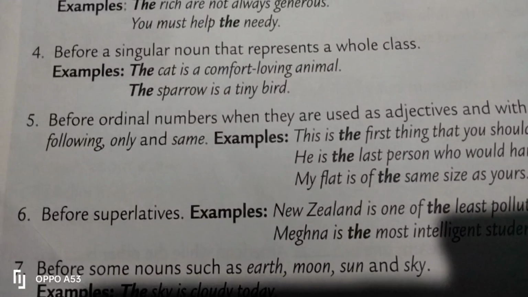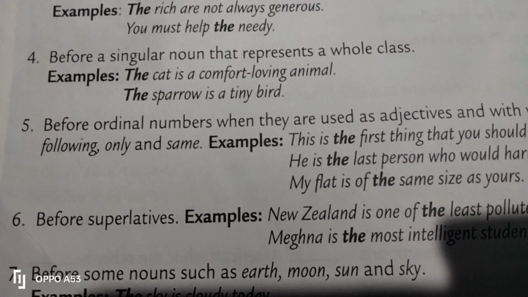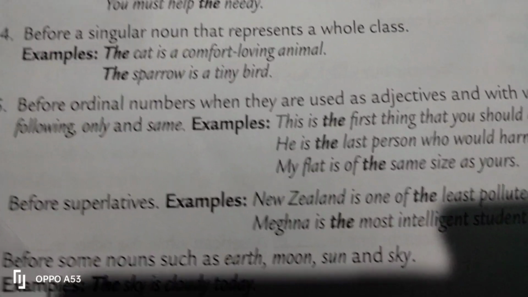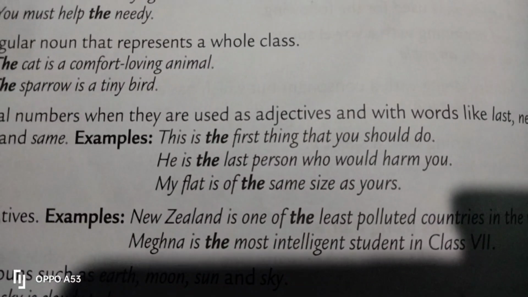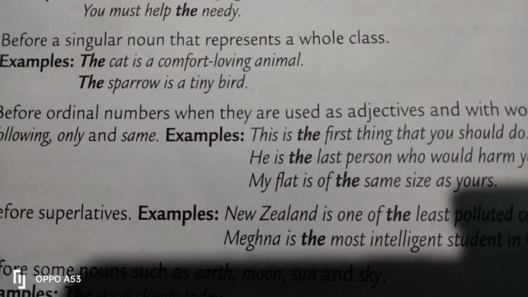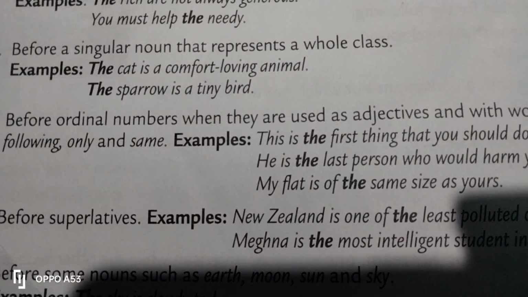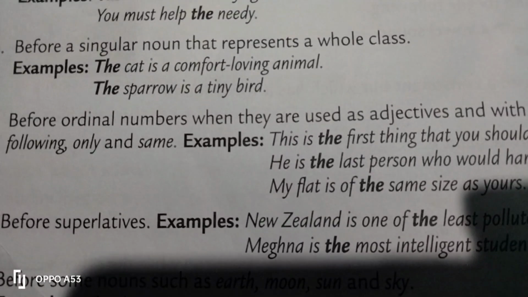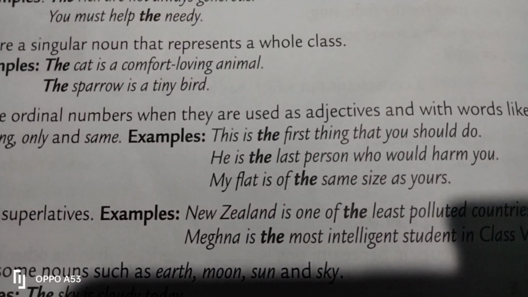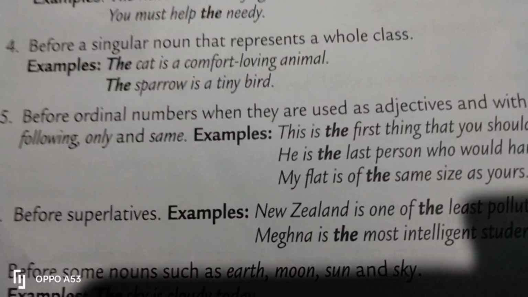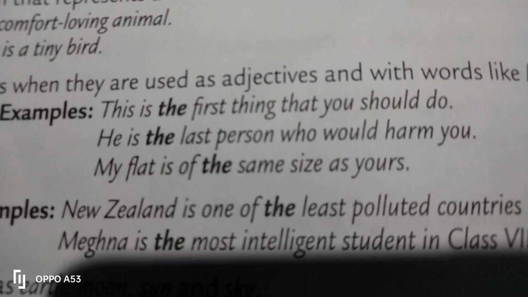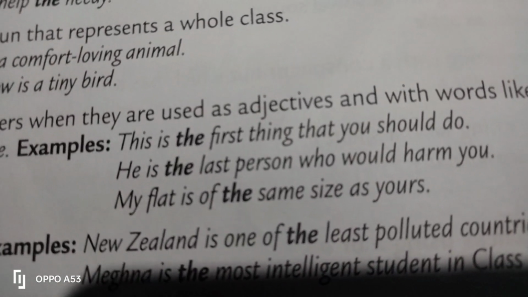Our rule is the use of a definite article before ordinal numbers when they are used as adjectives. So when we use ordinal numbers as adjectives, we have to use the definite article. This is the first thing that you should do.